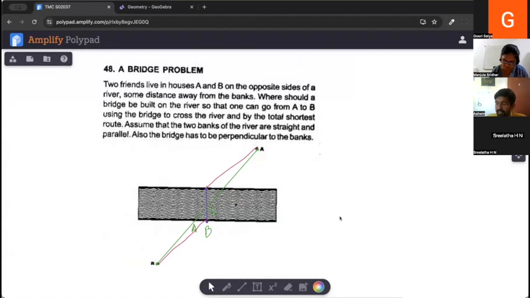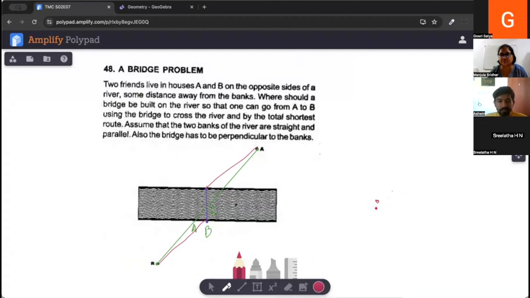So, by the way, this reminded me of another kind of problem where you have to go from A to B in some jeep. The jeep will travel at some speed on land and it will cross water also, but it will go slower.